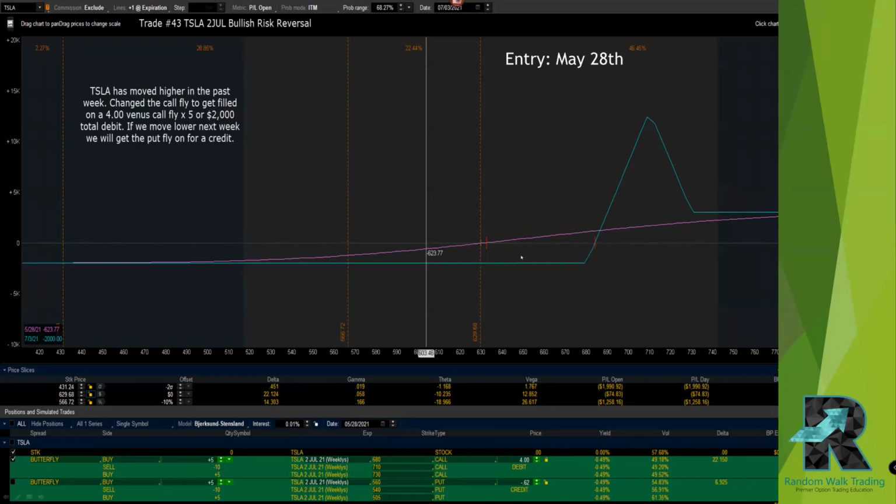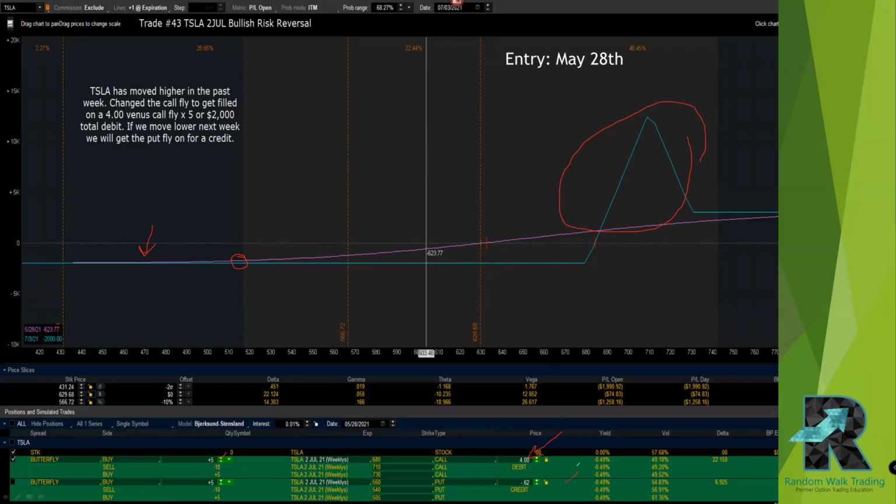In this case, we did a simple Venus butterfly, and we paid $4 for it. We did 5 contracts, so max risk here is $2,000. Worst case scenario, it goes south on us, we're out $2,000. Upside, yeah, we can live with it.